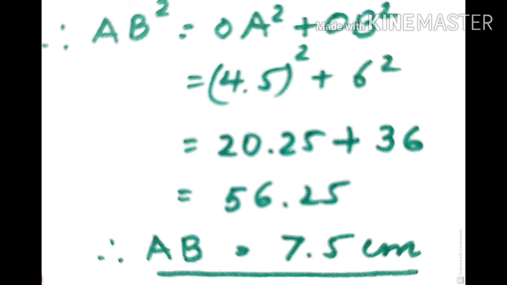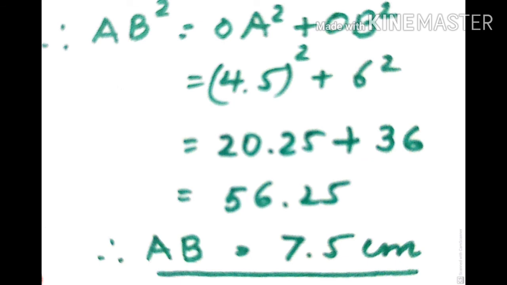Substitute the value OA 4.5 square, plus OB 6 square. Then taking square of 4.5, it is 20.25 plus 6 square is 36. So by adding we get the value 56.25. Now taking square root on both the sides, we get AB value is equal to 7.5 centimeters, which is our value of the side of a rhombus.